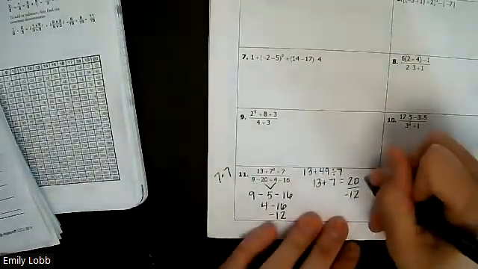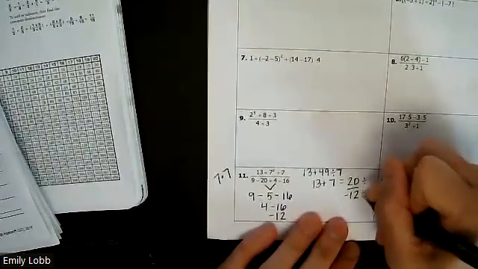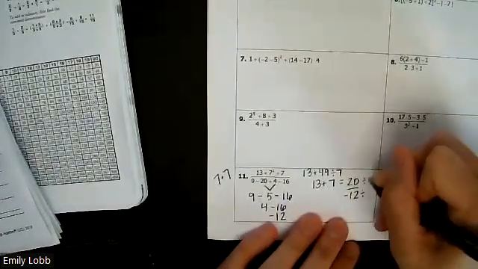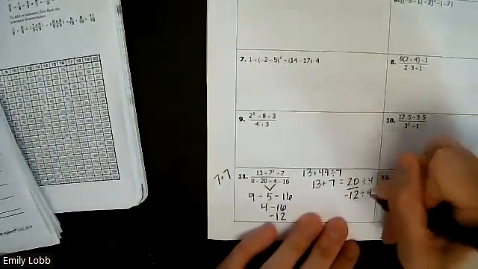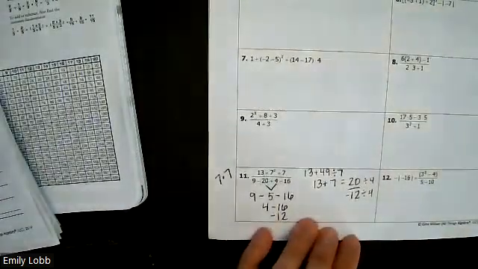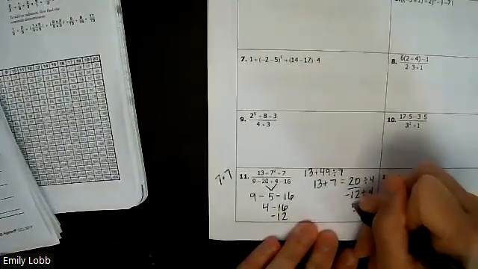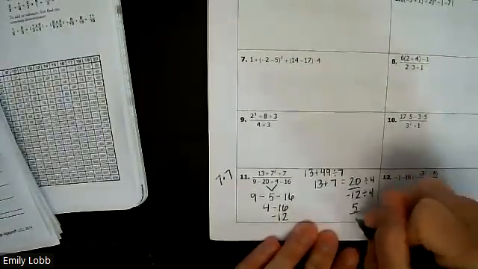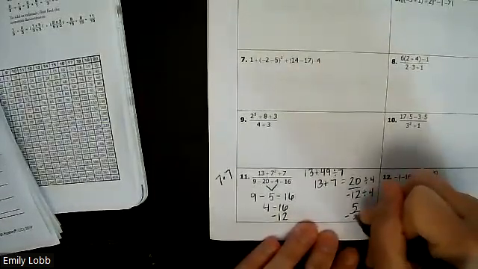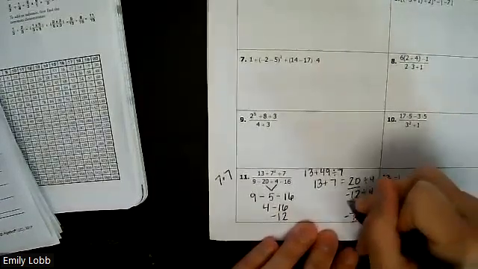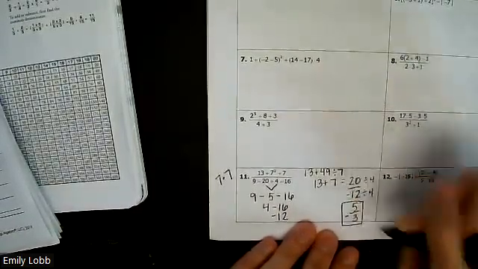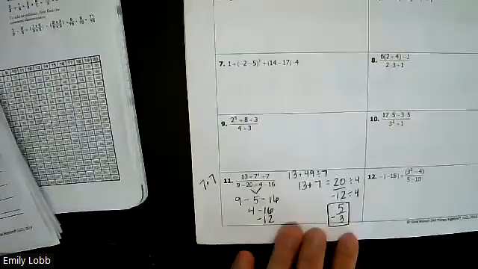Not 6. I could do 2. I could also do 4. So 20 divided by 4 is 5. Negative 12 divided by 4 is negative 3. So negative 5/3 would have been your most simplified answer.